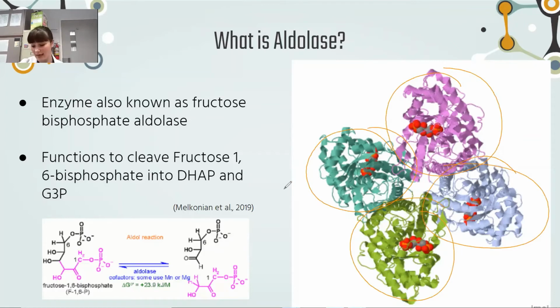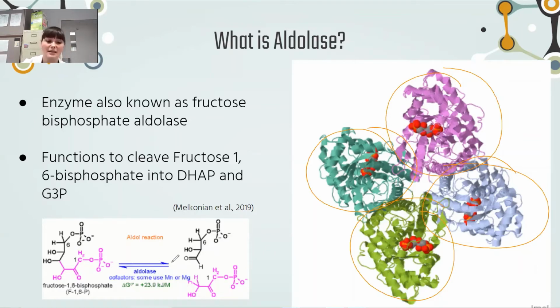And if you forgot from previous slides, the function of aldolase is to cleave that fructose 1,6-bisphosphate into DHAP and G3P. And yes, that is a reversible reaction.